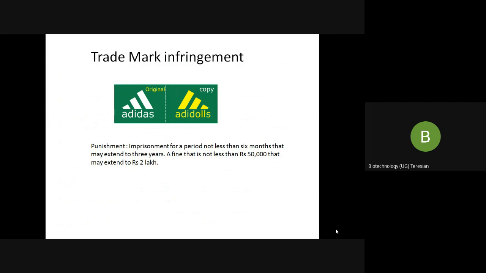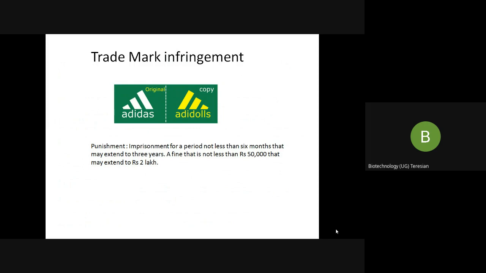Unlike patent law, there is no need to go after the defendant who could be in a different city or a different place. So here, in trademark infringement, you can be in your own place, where your business is going on, and there itself you can file a suit for the trademark infringement.